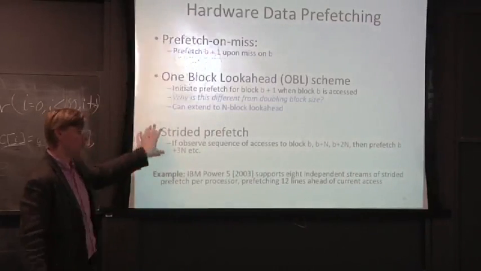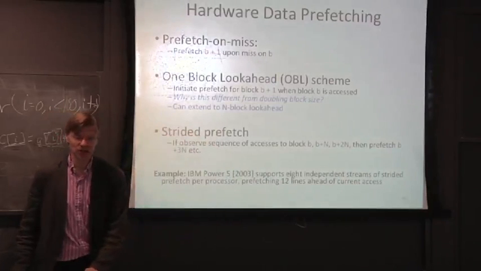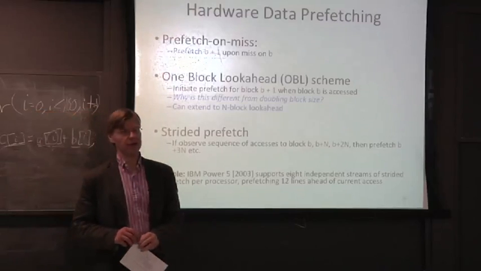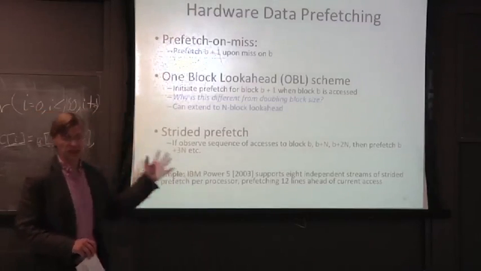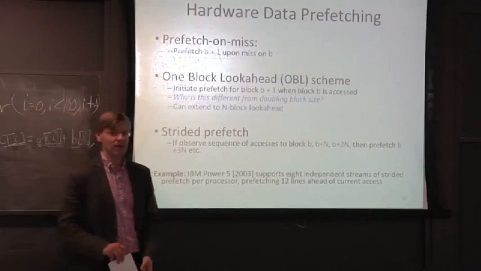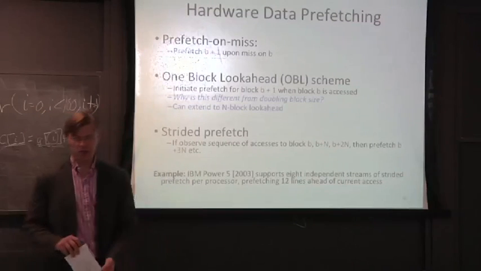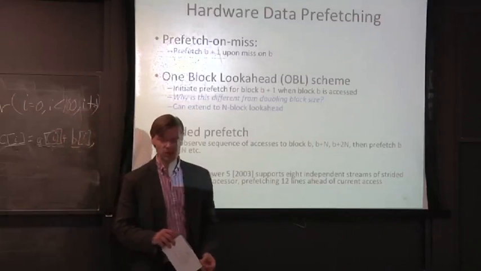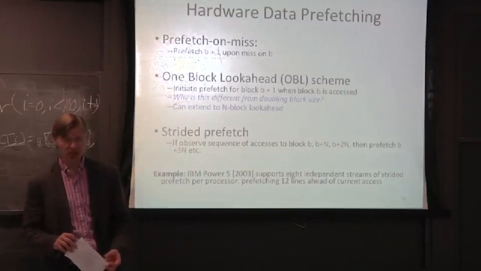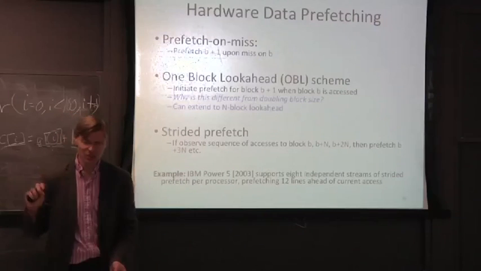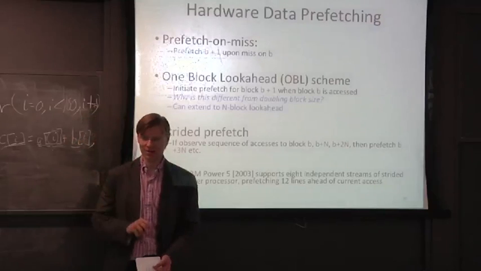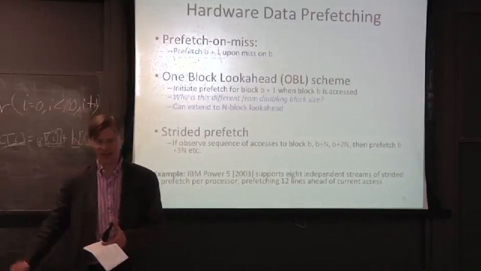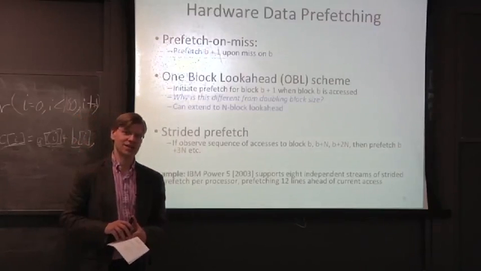But with everything, you have to be careful that this does not pollute your cache, both from a bandwidth and a capacity perspective. Let's take a look at an example here. We have the Power 5. The Power 5 has a pretty sophisticated hardware-based prefetching and prediction scheme. They actually have 8 independent stride prefetchers per processor, which can each prefetch up to 12 lines ahead of the current access.